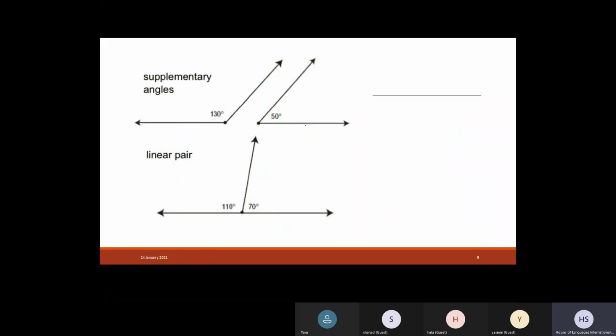Now, supplementary angles. Supplementary and linear pair both have the same meaning, that their summation is 180.